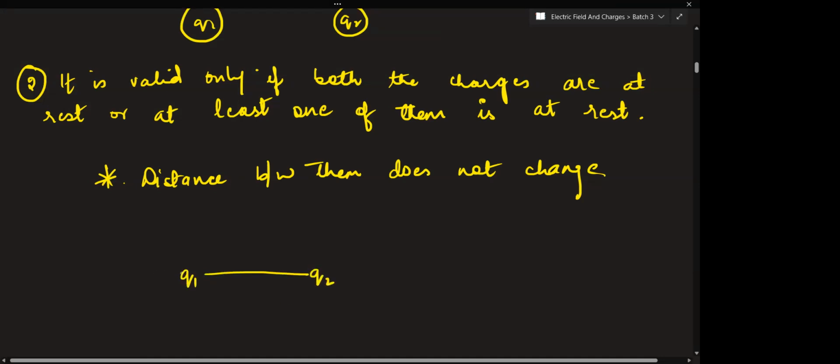Still you can apply Coulomb's law, but the condition is that the separation should not change. If Q2 moves in a complete circle around Q1, the radius at each point remains the same. The separation should remain the same. Best is that if both the charges are at rest, then you can use Coulomb's law.